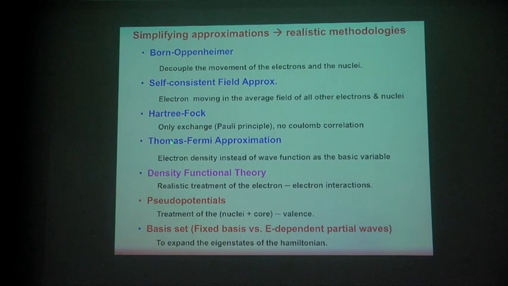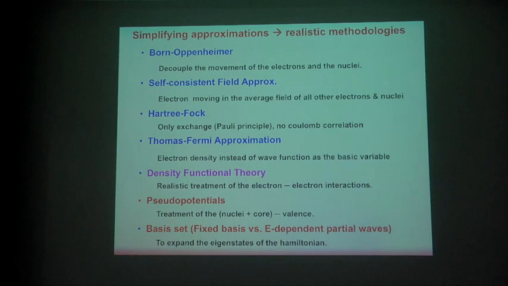So these are all the approximations that have already been talked about, and then we came to density functional theory, then pseudo potentials, and finally the basis sets, both the fixed basis as well as the energy dependent basis, which Ranjit talked about.